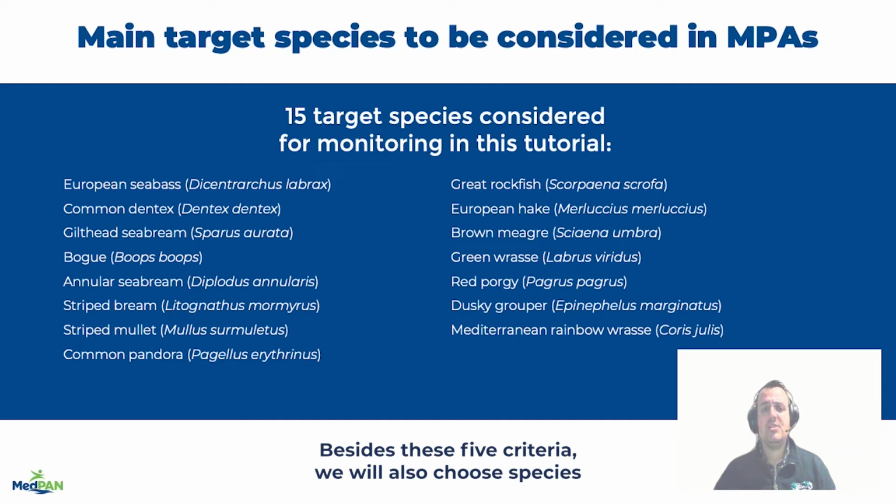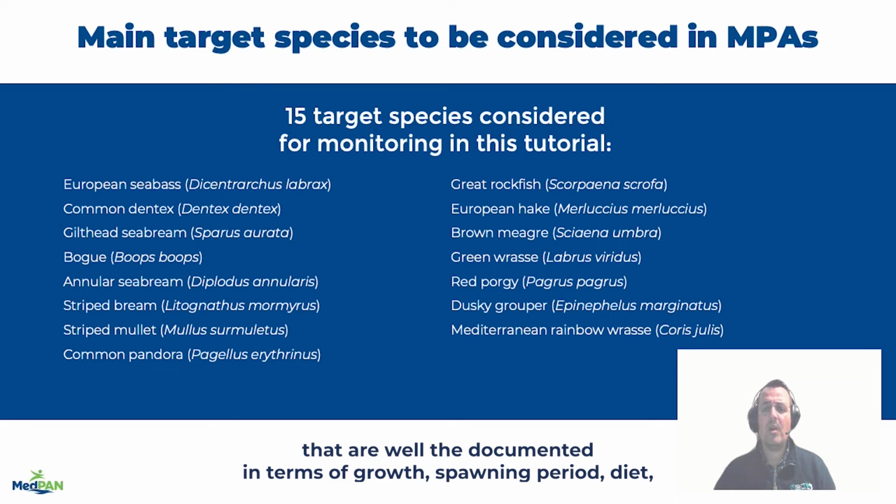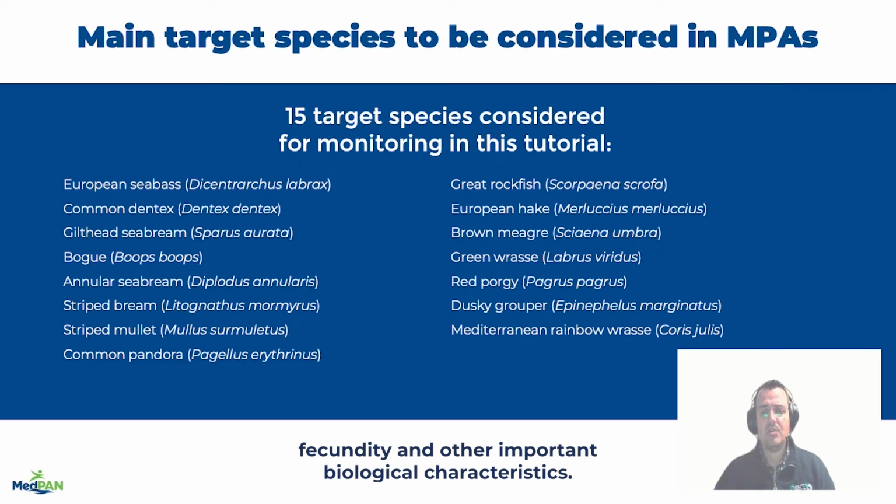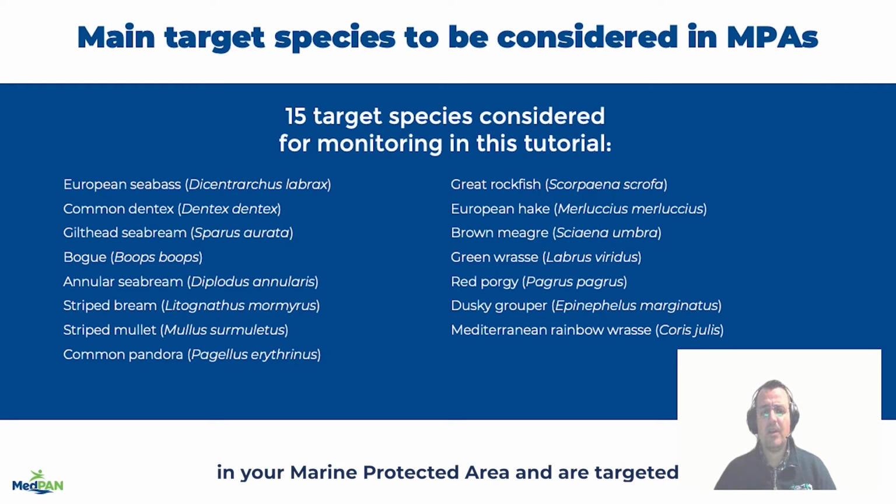Besides these 5 criteria, we will choose species that are well documented in terms of growth, spawn period, diet, fecundity, and other important biological characteristics. It is likely that quite a few of these 15 species can be found in your marine protected area and are targeted by local fisheries.